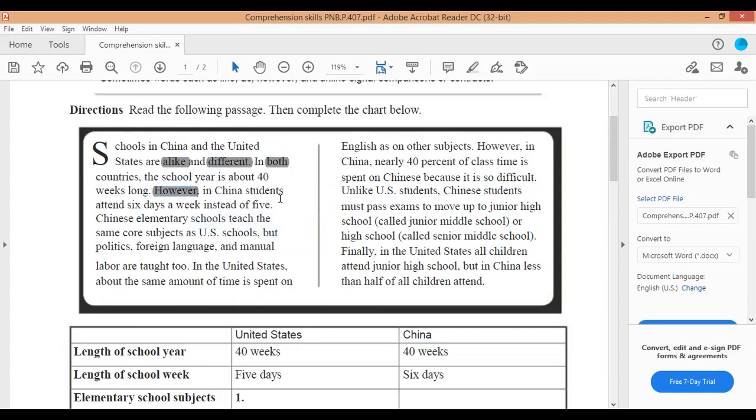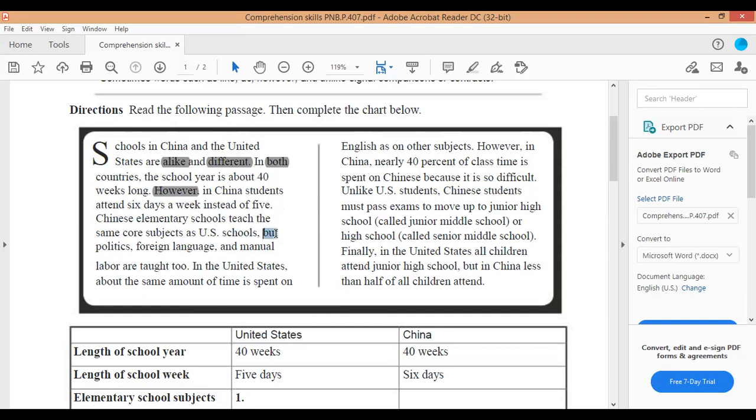However, in China, students attend six days a week instead of 5. Chinese elementary schools teach the same core subjects as US schools.